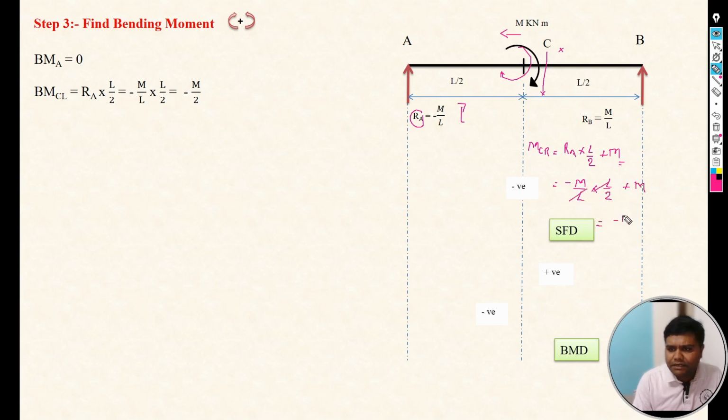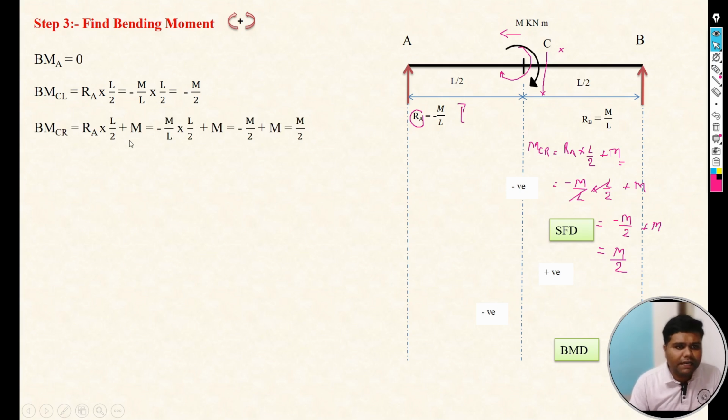The remaining term is minus M by 2 plus M, which is positive M by 2. So the moment at C right is plus M by 2. See, RA into L by 2 plus M, with RA equal to minus M by L, L gets cancelled, and the remaining term is minus M by 2 plus M.